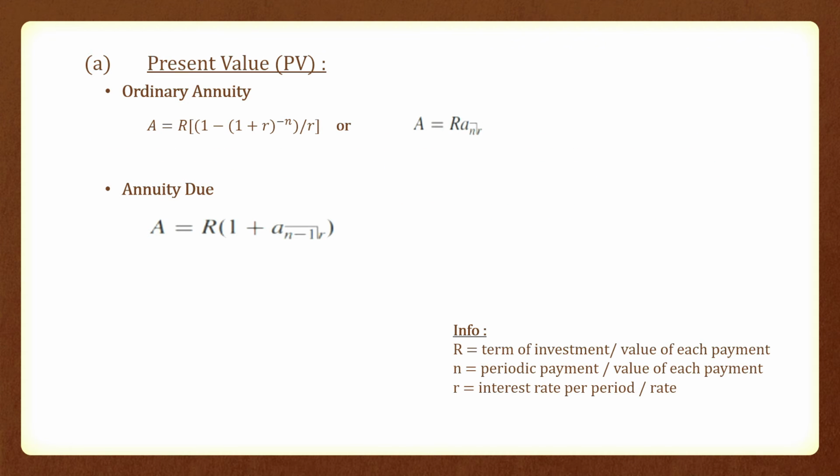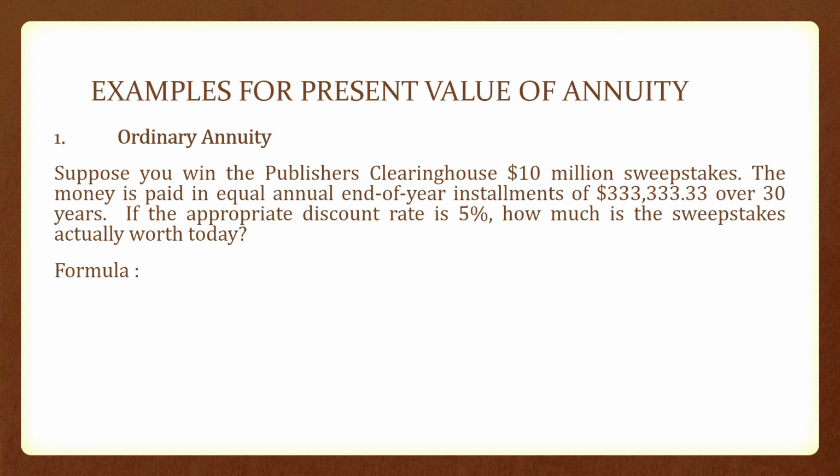These are the formulas for present value. R is the term of investments, n is the number of payment periods, and r is the interest rate per period. We go through question number 1. Suppose you win the Publishers Clearing House $10 million sweepstakes.